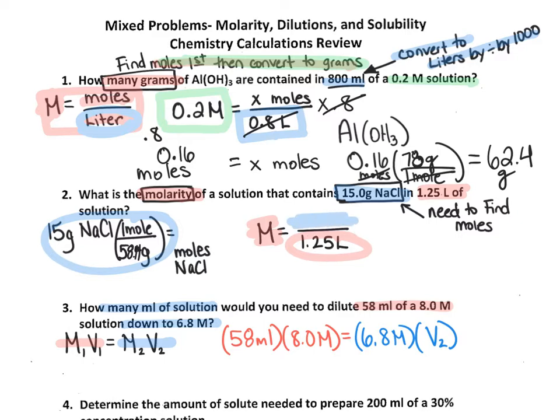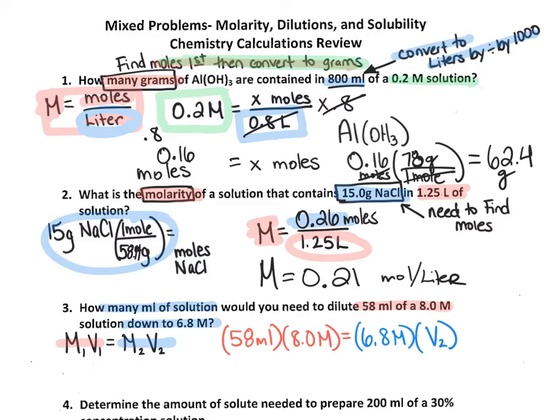So I take my 15 grams and divide that by the molar mass of 58.44, and I get 0.26 moles of the material. Now I can divide that by 1.25, and my molarity is equal to 0.21 moles per liter.